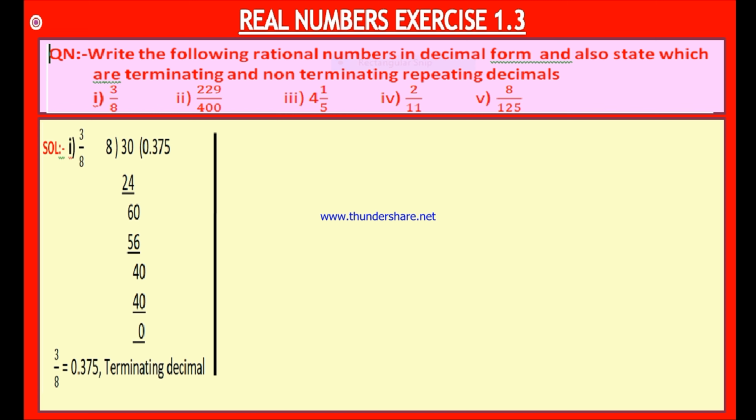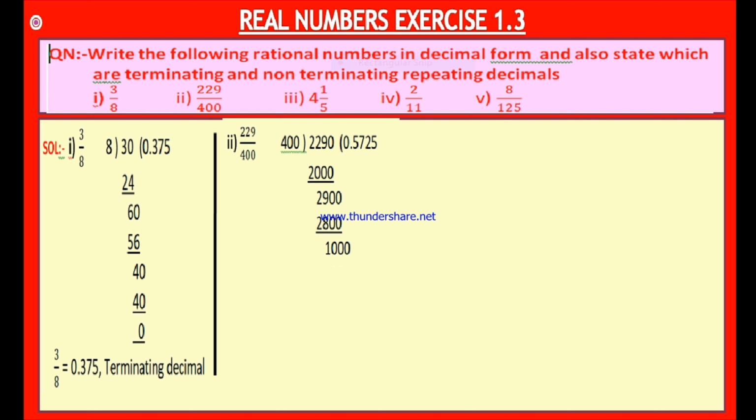Now look at the second part, 229 divided by 400. You cannot divide 229 by 400, therefore keep 0 point. Then it will be 2290. In 2290, 400 goes 5 times, 5 400s is 2000. If you subtract, you will get 290. You write 0 beside 290, it is 2900. In 2900, 400 goes 7 times, 7 400s is 2800.